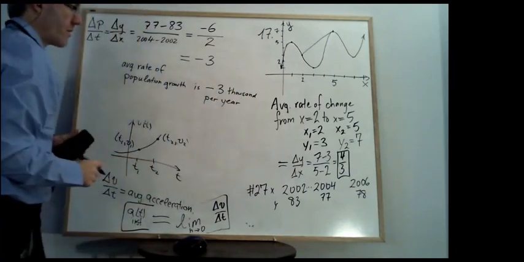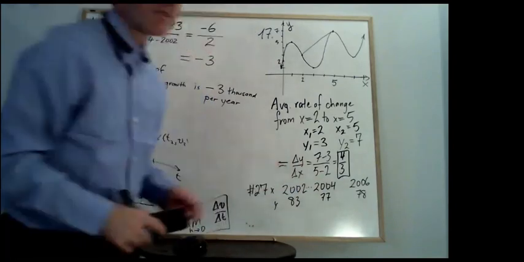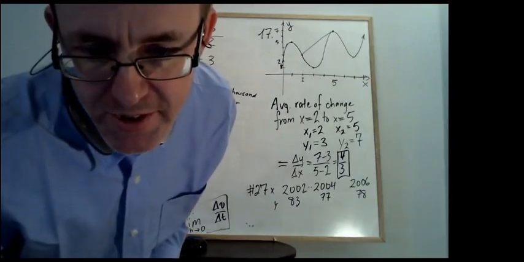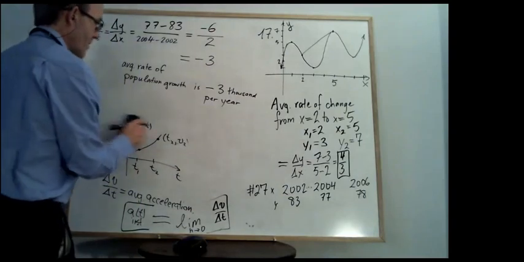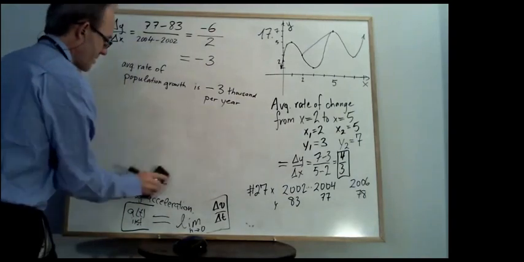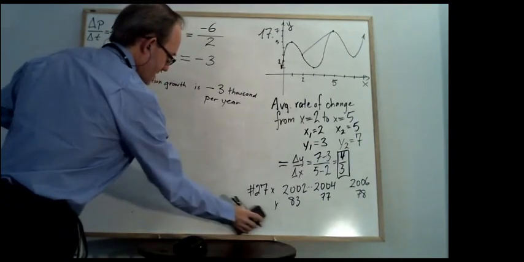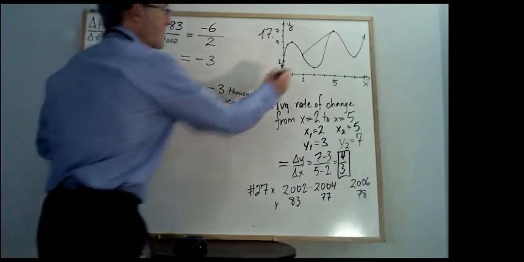So you get the same result if you go down 3,000 the first year and then down another 3,000 in the second year. But in the middle, it doesn't quite go down 3,000, it goes only 2,000. That's okay. It doesn't matter what the function is doing in between. Here it's going down and up.